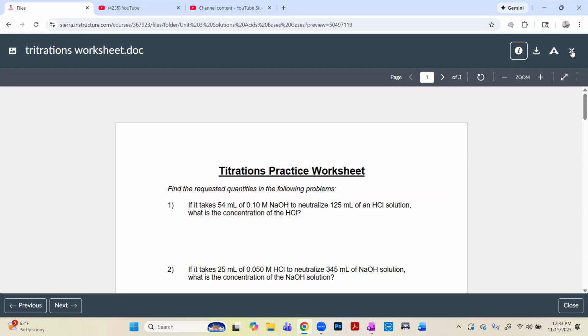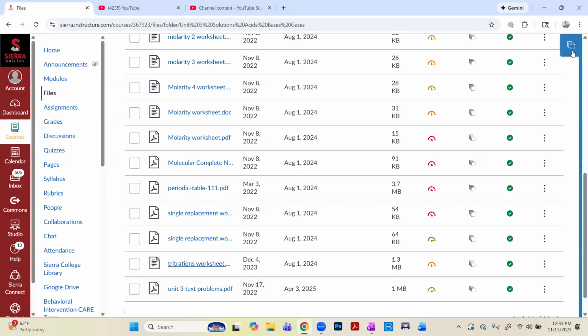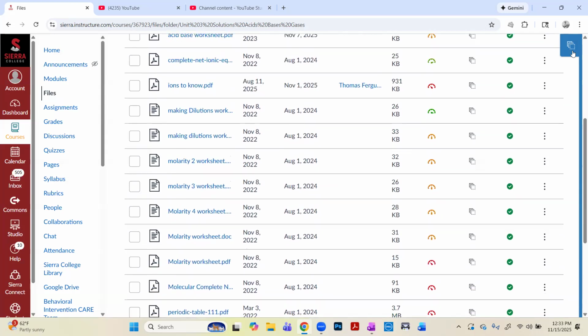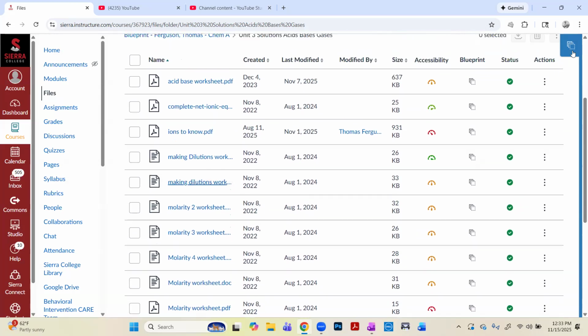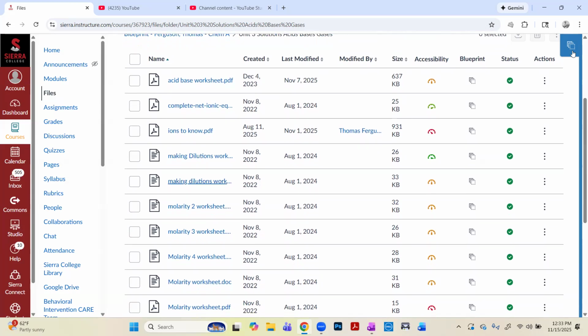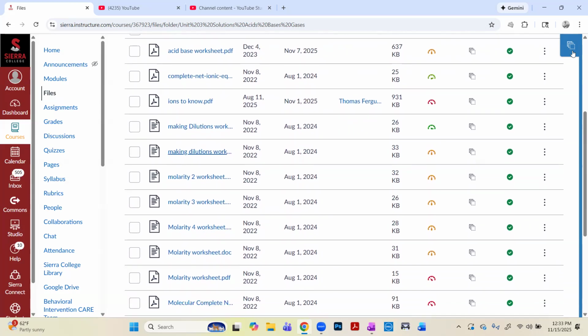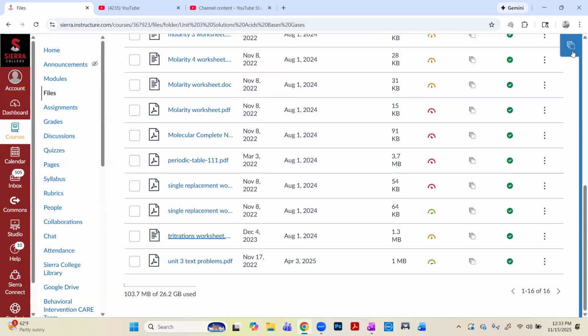Okay, so anyway, that's one worksheet. I think there's another one as well. I thought there were 2. I'll find another one and post it on here.